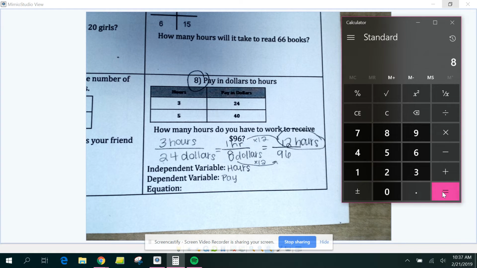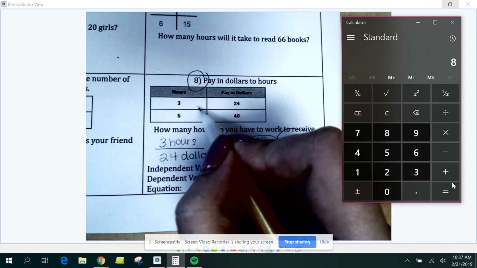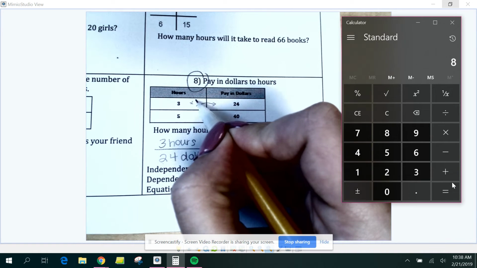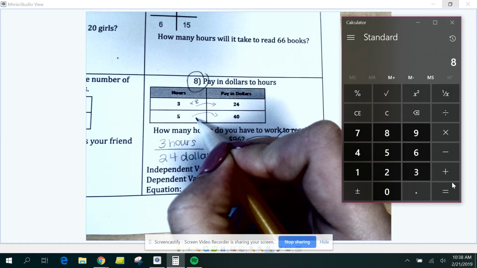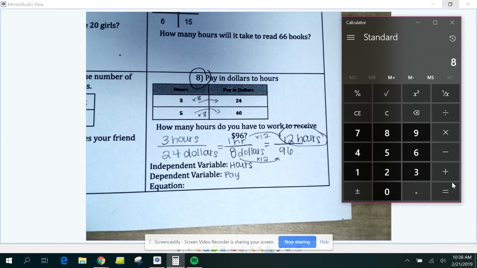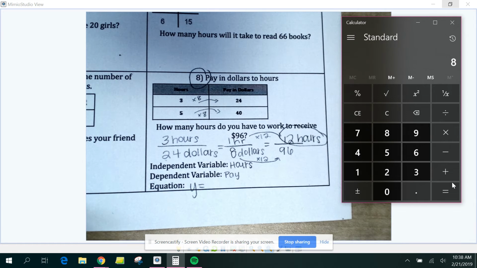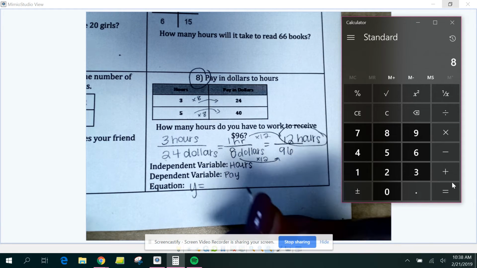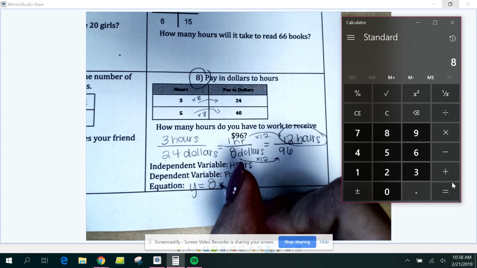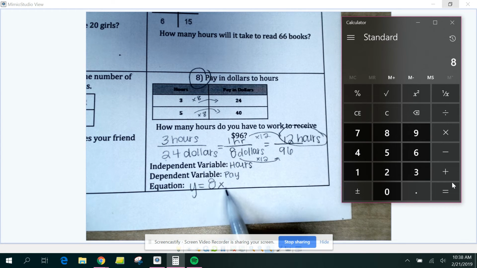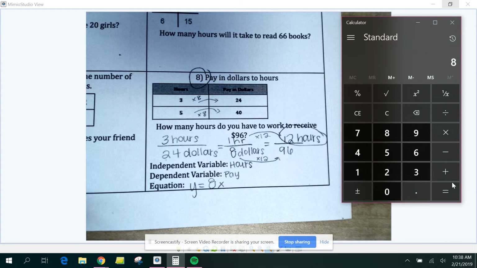Let me just check to make sure that it works with the second ratio. 40 divided by 5, that also gives me 8. So I know that for each of these, I had to multiply by 8. So that tells me that my equation would be y equals, we always start our equations like that, y equals 8 times x. And remember, when you have a number next to a variable, that means multiply.